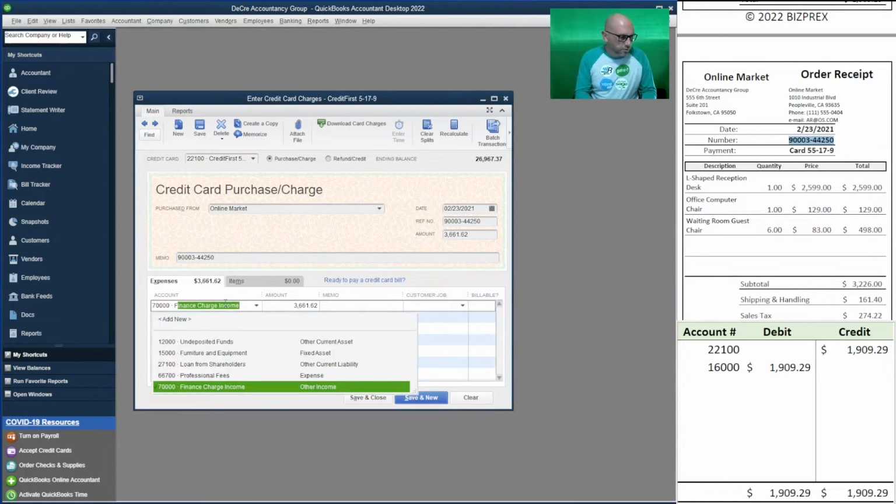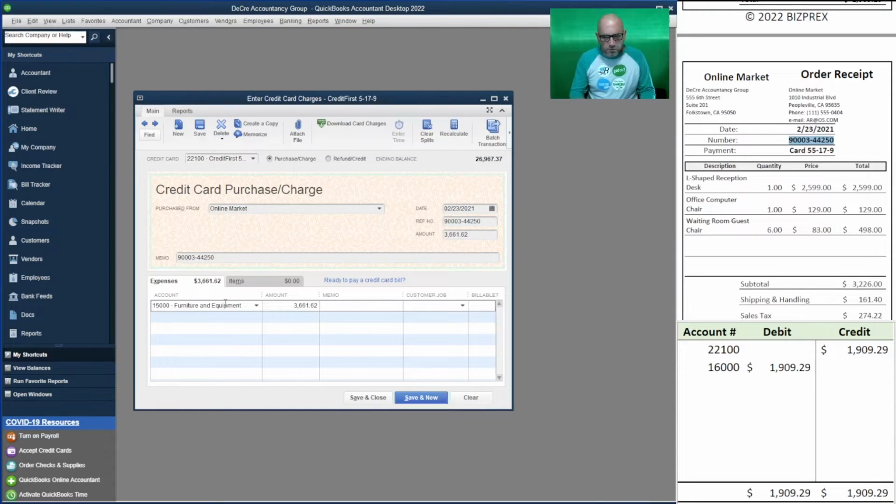So that's furniture and equipment, and that's reception furniture. We don't need to itemize it. I mean, we could hypothetically, but even for purposes of depreciation, we would depreciate it over the same life cycle. But again, we could break it down if we wanted to. For debits and credits, for impact on balance sheets, for impacts on account, this is sufficient. That's what it does. Again, our furniture account is 15,000.